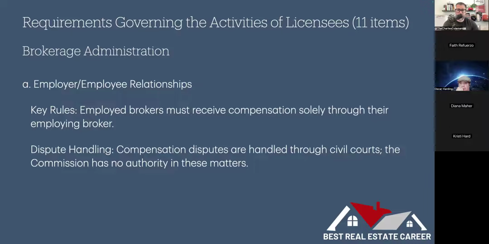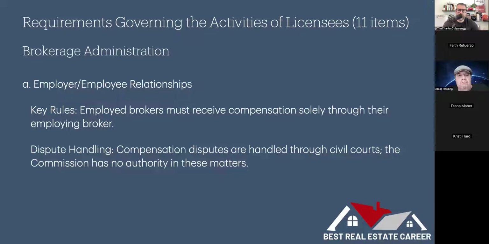Brokerage A doesn't send the money from them to brokerage B to you. They'll pay you from brokerage A, even though you're now at brokerage B. So again, all monies have to go through your brokerage. The only exception is if you leave a brokerage, that brokerage can pay you directly.